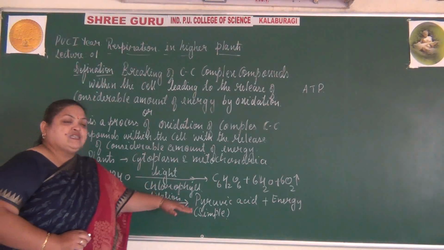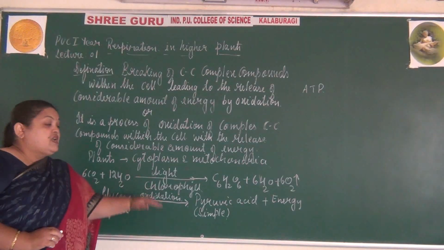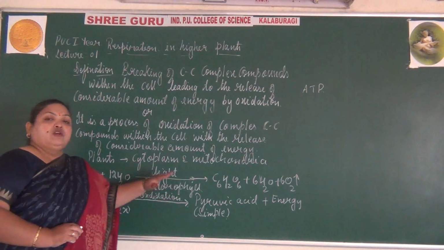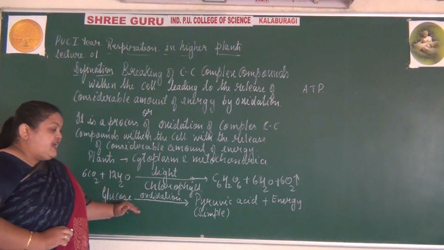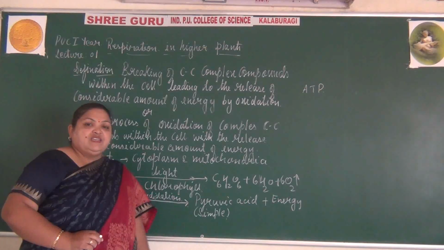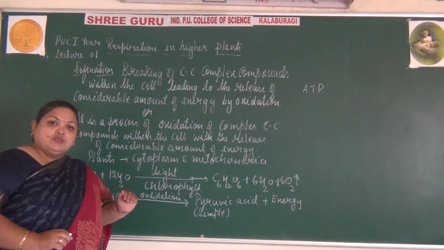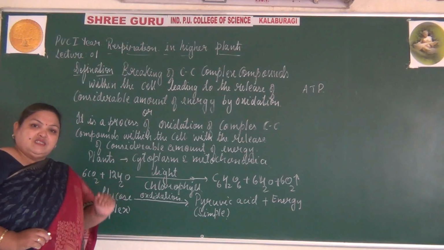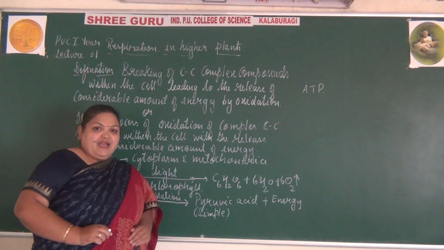So the food that is prepared is oxidized, a complex component is oxidized to form pyruvic acid with the release of energy, and that energy is used by the cells to carry out all the metabolic activities.